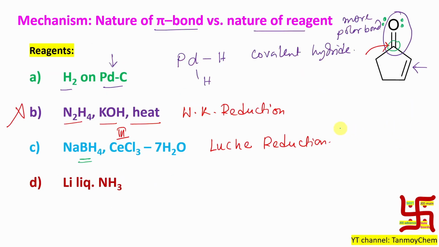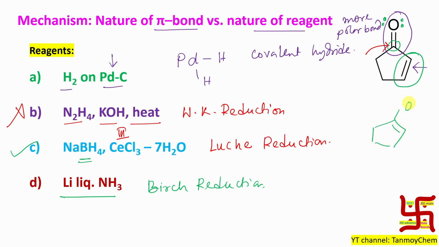Now if you look at the next one, lithium liquid ammonia, this is nothing but Birch reduction, and Birch reduction on alpha beta unsaturated carbonyl. What it does in this case is the electron reduces this bond. Carbonyl doesn't remain intact, it remains as enolate.